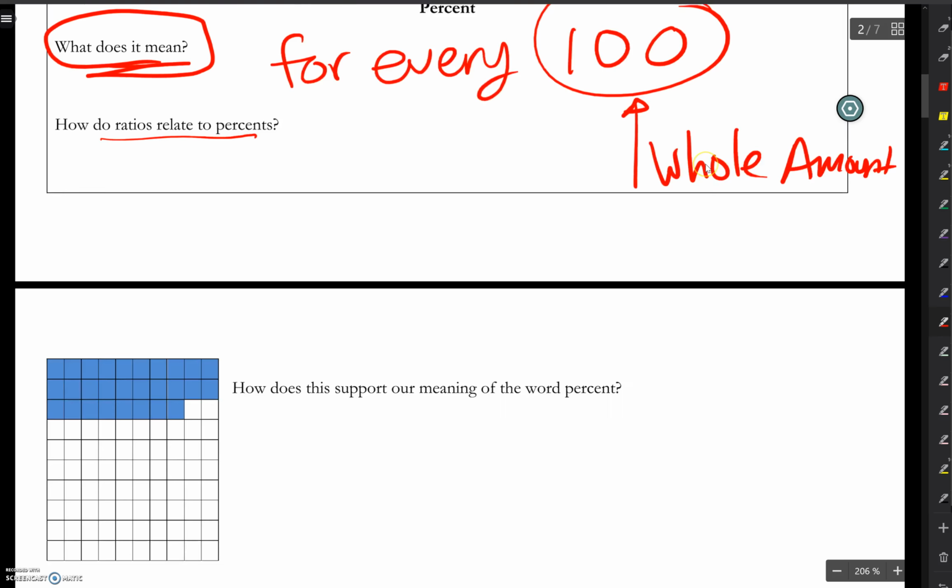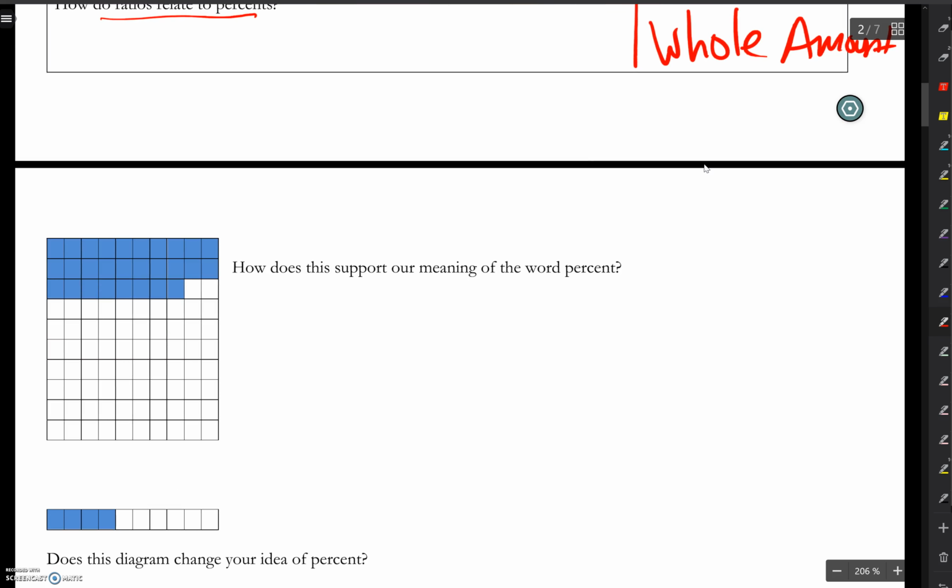Okay? So now let's look at this example here. It says, how does this support our meaning of the word percent? Well, this is a 100 frame. And so all we would need to do is count how many pieces in here are shaded. There's 1 piece, 2, 3, 4, 5, 6, 7, 8, 9, and 10.